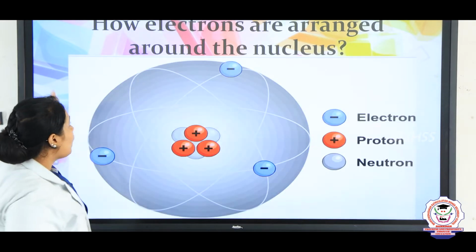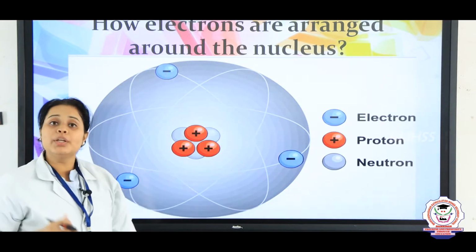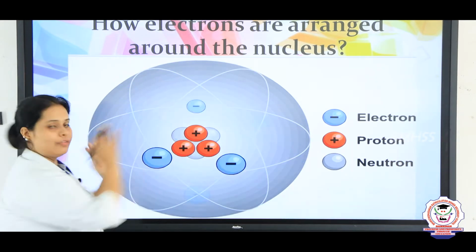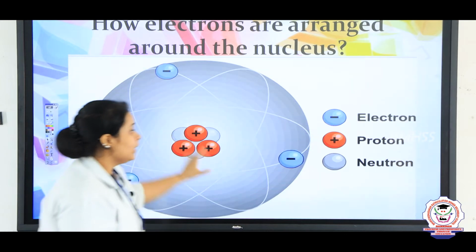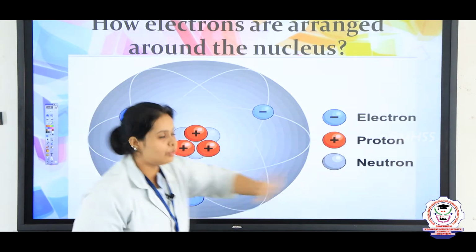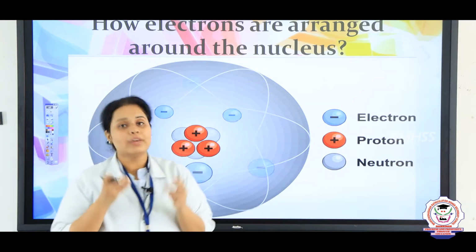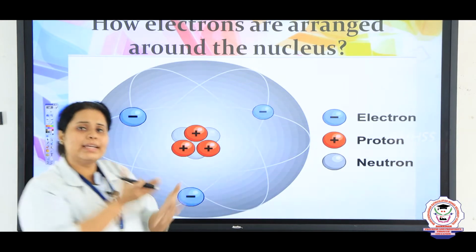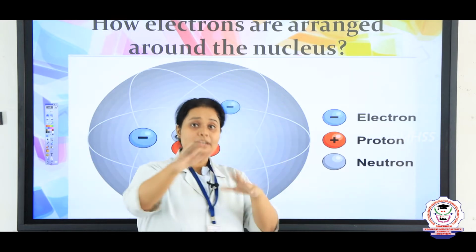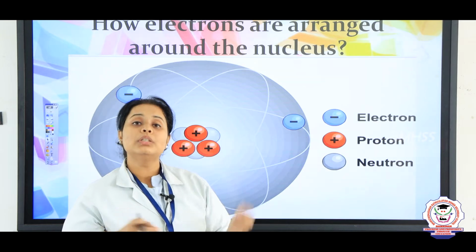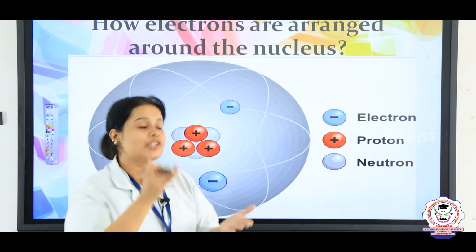Now let's see why electrons are arranged around a nucleus and how they are arranged. Children, generally the structure of an atom is like this. In between there are protons and neutrons, and outside in the orbits there is an arrangement of electrons. Are they arranged randomly? No, they are arranged according to the number of electrons in each shell.